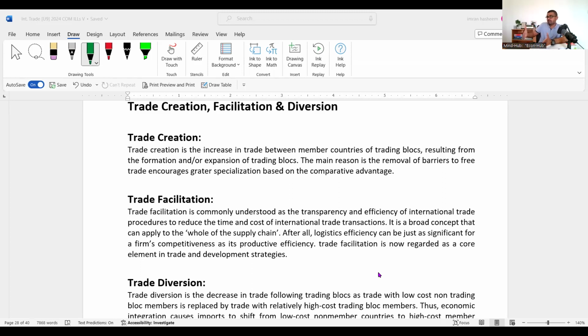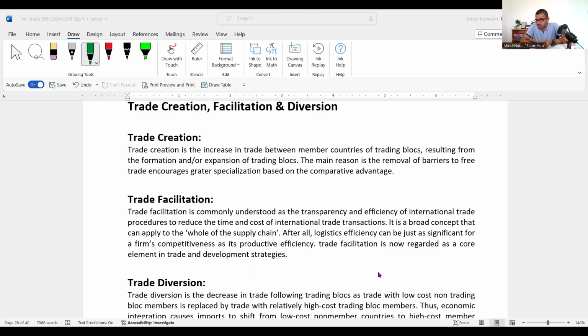Remember? Global supply chain, all the components it can apply to. After all, logistics efficiency can be just as significant for firms' competitiveness as productive efficiency. Just being productive efficient is not enough. You have to get the raw materials on time. Whatever you produce should go out on time. So all that is logistics efficiency.